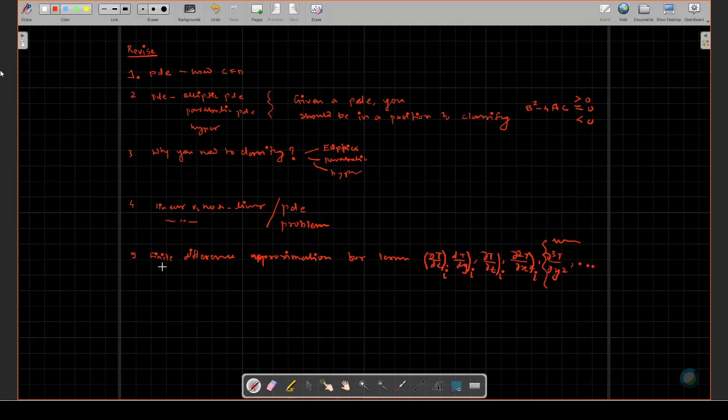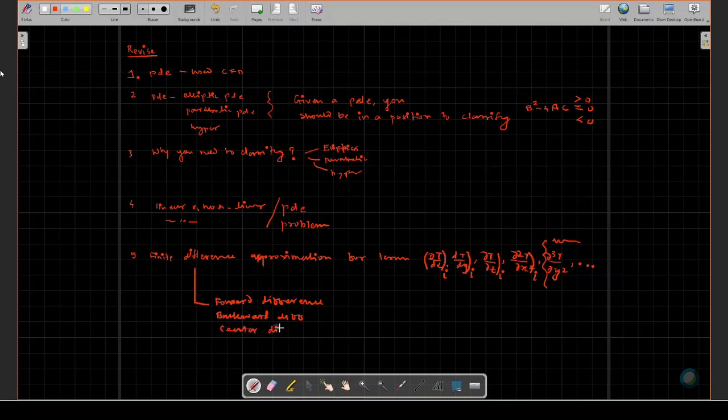In finite difference approximation, we saw that there is a forward difference, a backward difference, and a central difference.